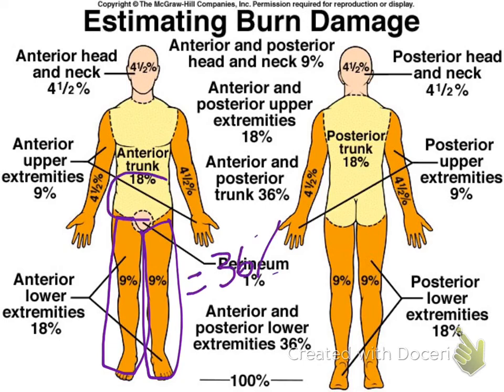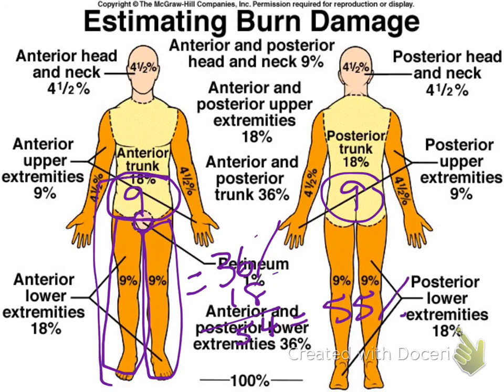Then we're talking about the lower chest, which is 9% in the front and 9% in the back, so plus 18, which gives you 54%, and the genital region gives you 55%. So if a person burned their entire lower half of their body, that would be 55% burned.